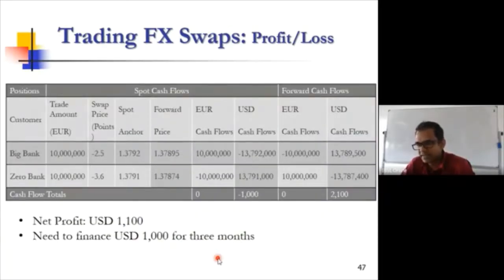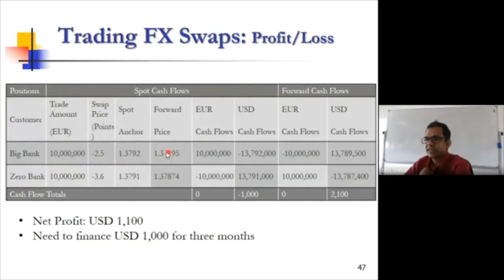We can do the same calculation and see what is the result. So trade amount euro 10 million in both. Then the swap points are minus 2.5 and minus 3.6. Spot anchor, now we have two different spot rates, 1.3792 and 1.3791.